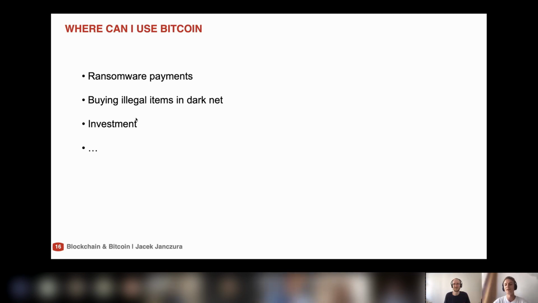But there are alternatives, and one of the alternatives to Bitcoin is a blockchain called Ethereum, where you've got a Turing complete language, and you can store code in the blockchain and execute that code with transactions.